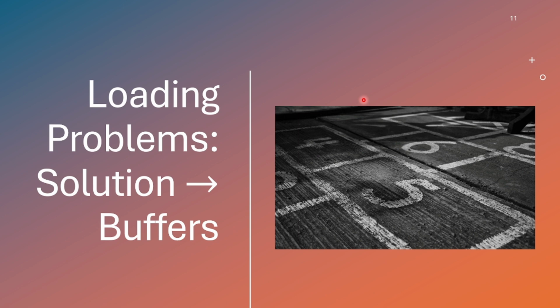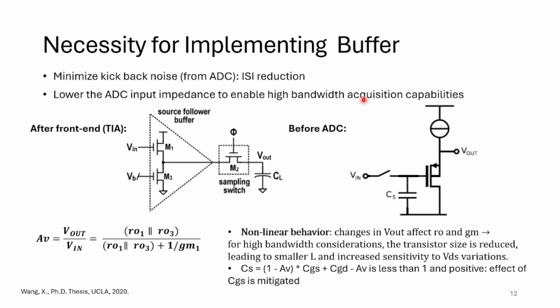To remove a loading problem between the ADC and track and hold and the front end, they mainly use voltage buffers. For example, here you see that a voltage buffer has been used between the front end and the sampling capacitor, and here between the ADC and the track and hold.